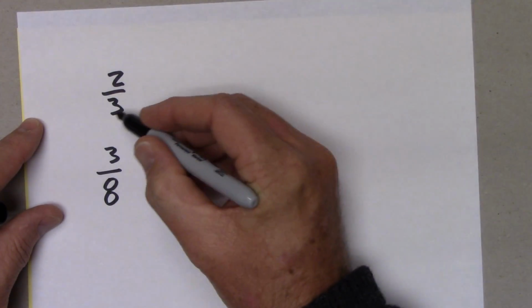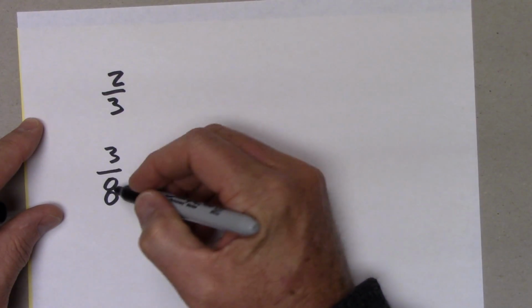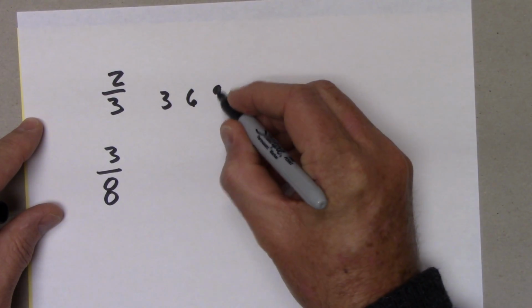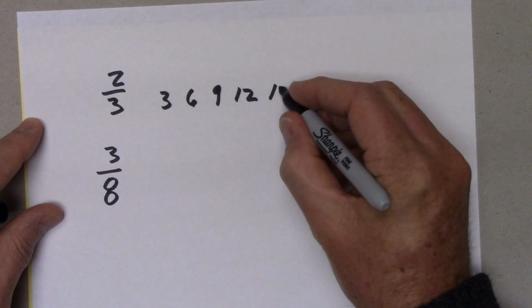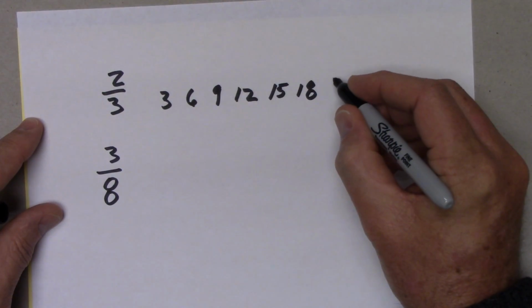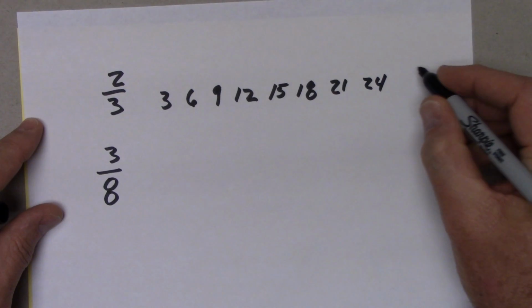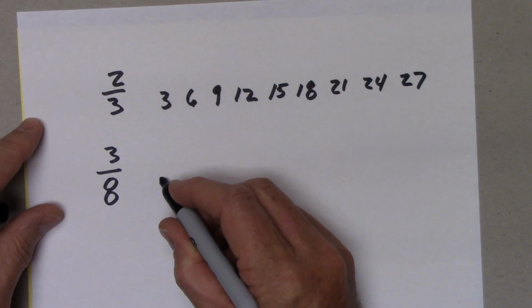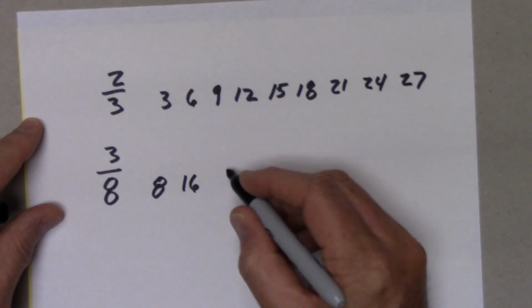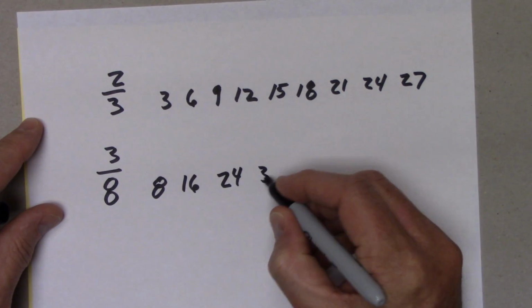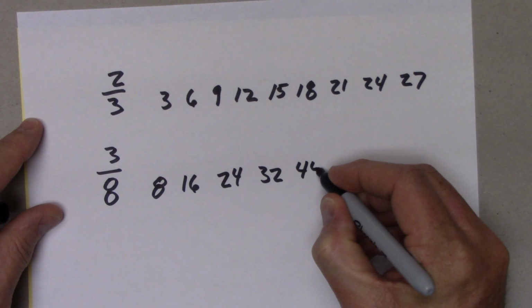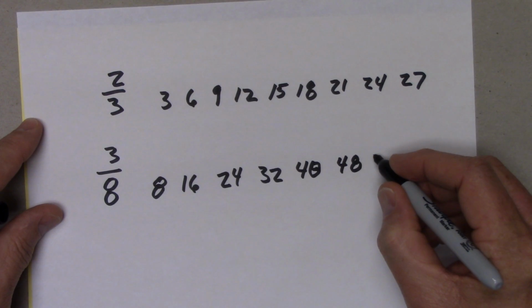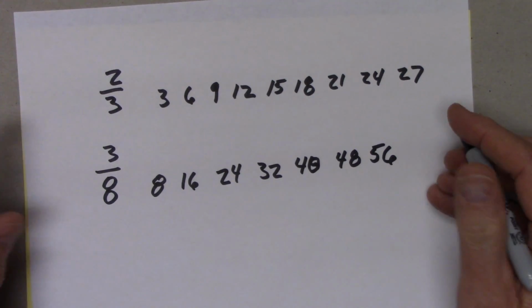We want to find the least common multiple for these two numbers. 3, 6, 9, 12, 15, 18, 21, 24, 27. 8, 16, 24, 32, 40, 48, 56. Okay?